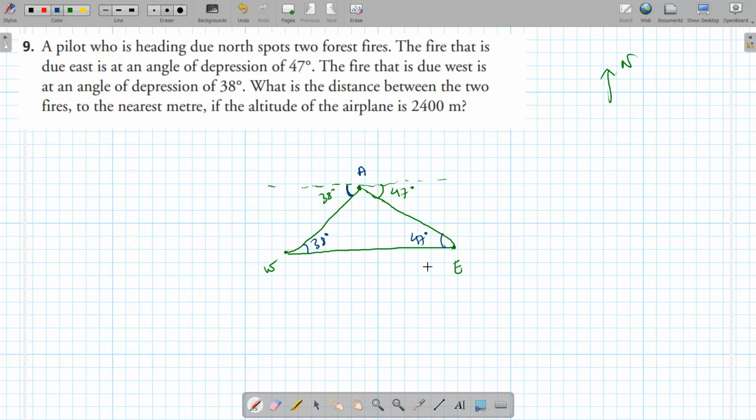So which side length is that? Do you make a line in the middle? Yes, you do. That's exactly what you do. So you make a line in the middle. This is gonna be your 90 degree, okay? And the height is 2400. There we go. It's asking us the distance between the two fires.